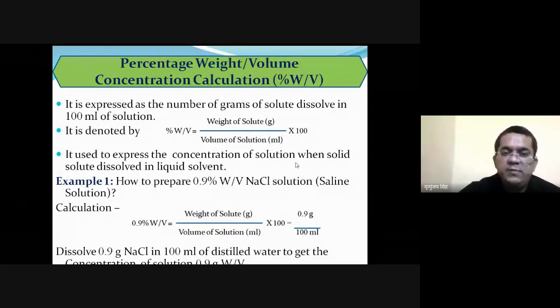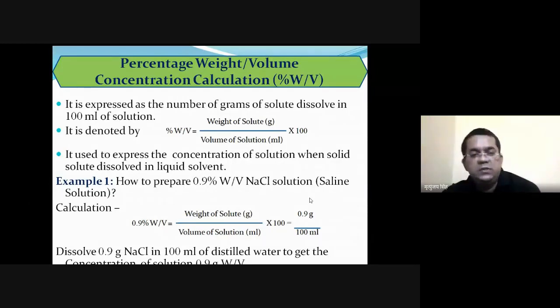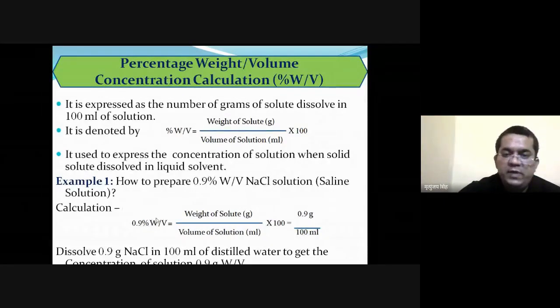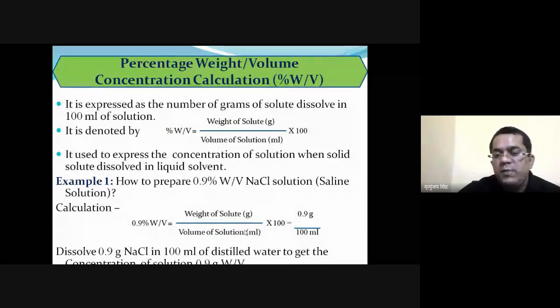We understand better by using this example: how to prepare 0.9% weight by volume NaCl solution, that is saline solution. For this, 0.9% weight by volume is given, and for NaCl, weight of solute upon volume of solution multiplied by 100.